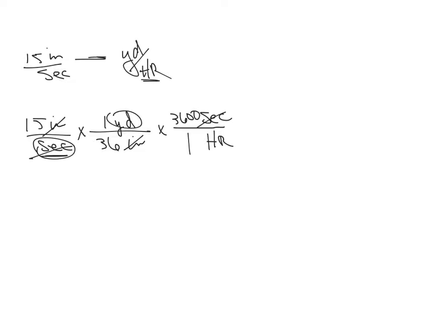Cancel that, and we have 15 times 3,600 over 36. 3,600 divided by 36 is going to be 100 times 15, so it's going to be about 1,500 yards in an hour when we multiply everything through.